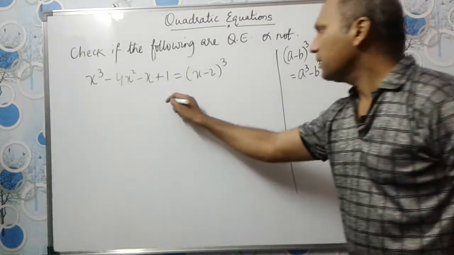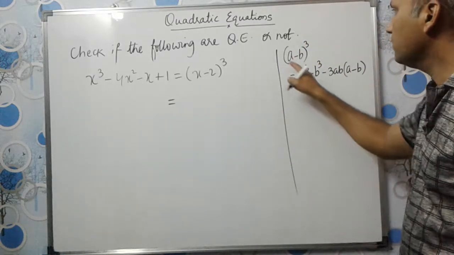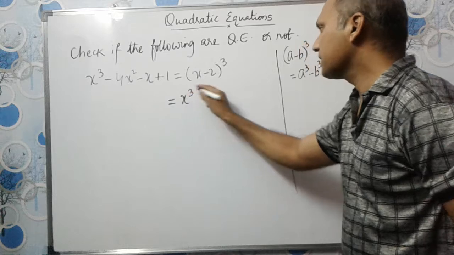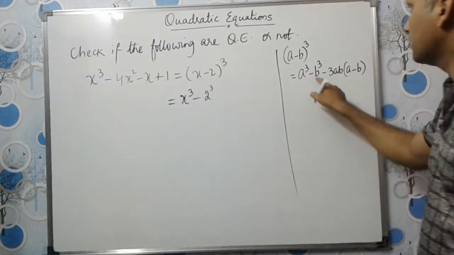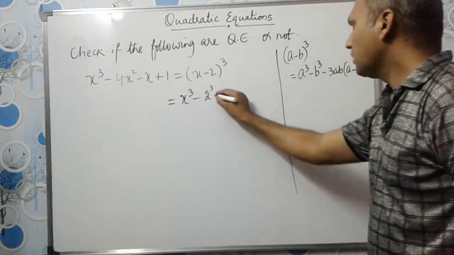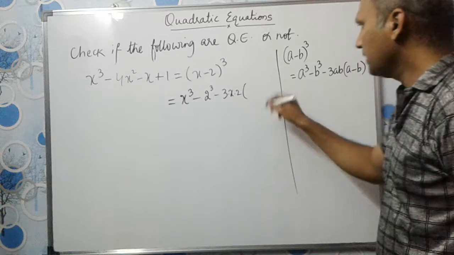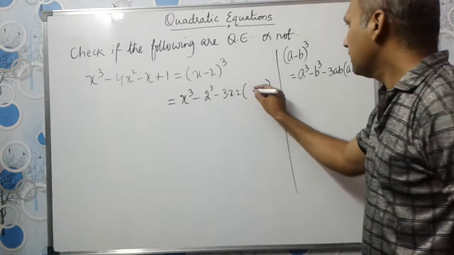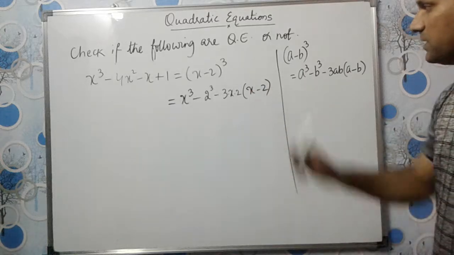Okay, so let us expand this RHS first using a minus b. In place of a we have x, so it will be x cube minus 2 cube, because b is equal to how much? 2, minus 3 into ab, that is x into 2, inside the brackets x minus 2. Okay, I hope this is clear.